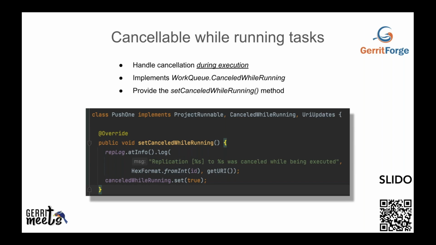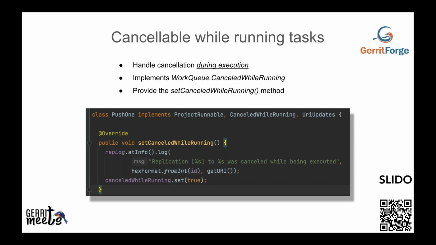You might also decide to cancel a task. However, it might happen that the task was already being executed. So in that case, you want to provide your task the ability to be terminated during the execution. This example is taken from the push replication again, and is the implementation of the push logic.